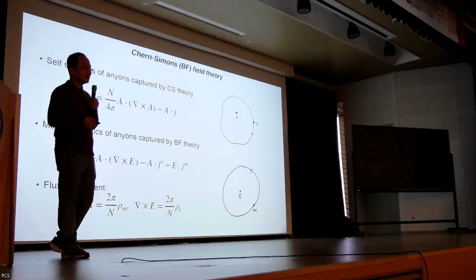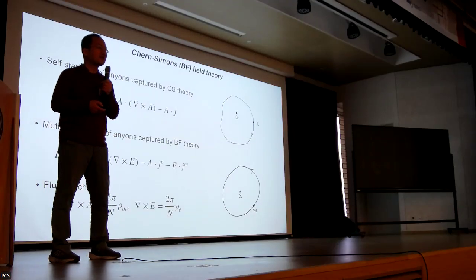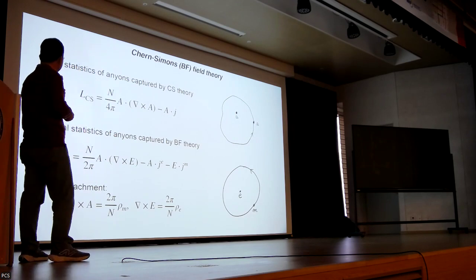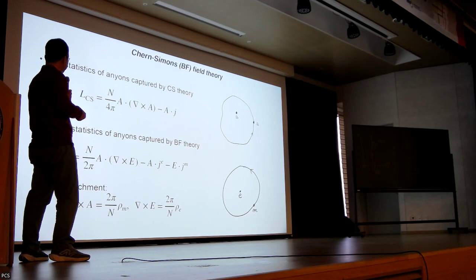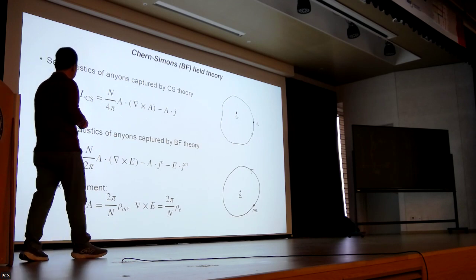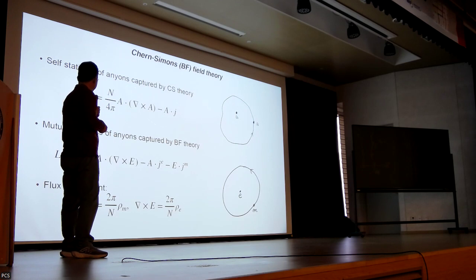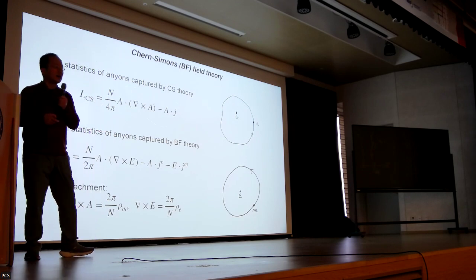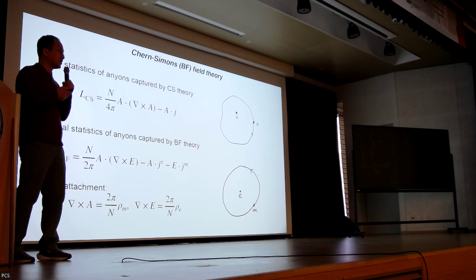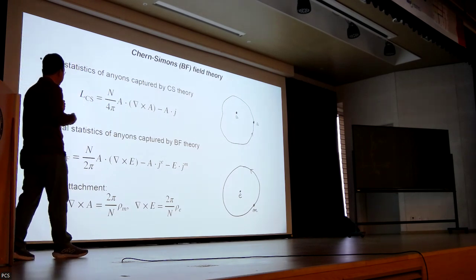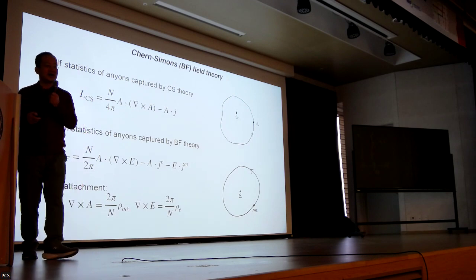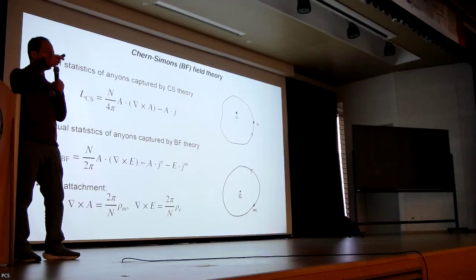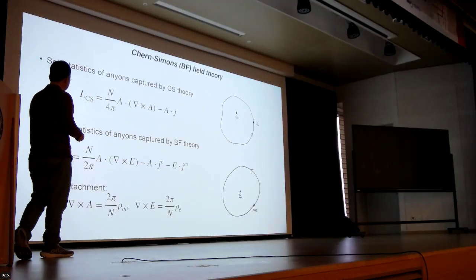Even more formally, you can write down this Abelian Chern-Simons theory, with some gauge field coupled to the matter current in this manner. Or you can also generalize it to the case with 2 species of anyons. Let me call them E anyons and M anyons. So now you have 2 different gauge fields coupled with 2 different matter fields, like this.